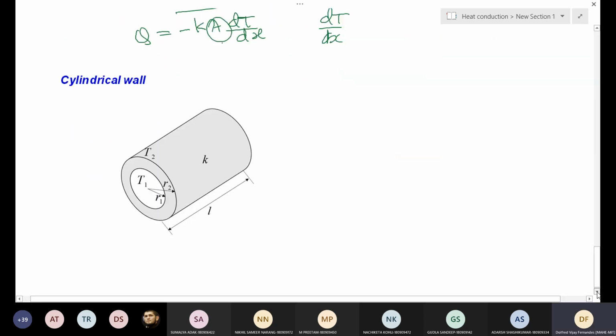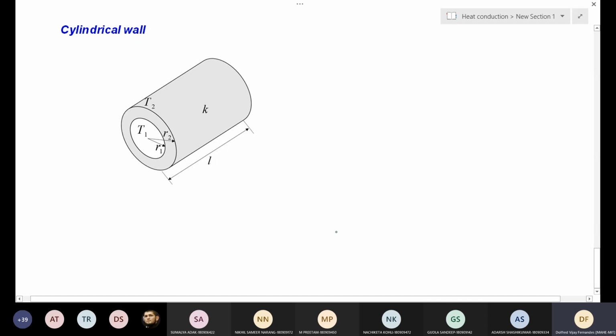So for the cylindrical wall, as I told you, the best example is the pipe carrying hot fluid or carrying some refrigerant or anything which is not at room temperature. The fluid flowing through the pipe may be above or below room temperature, depending on the application. If you consider a pipe for the refrigerator, the copper pipe behind where the refrigerant flows, the fluid temperature will be less than atmospheric.